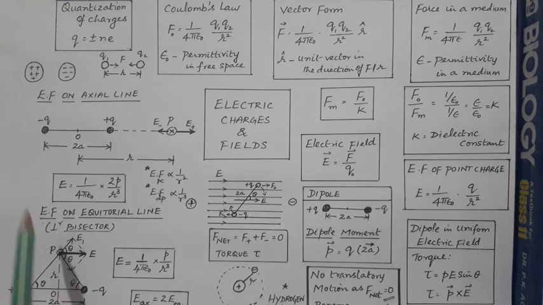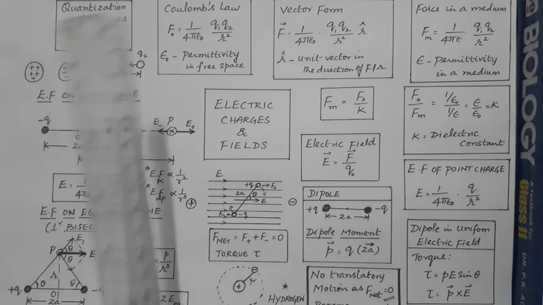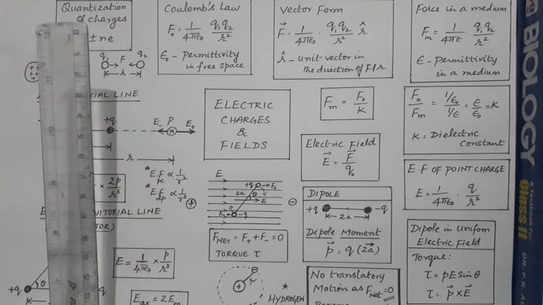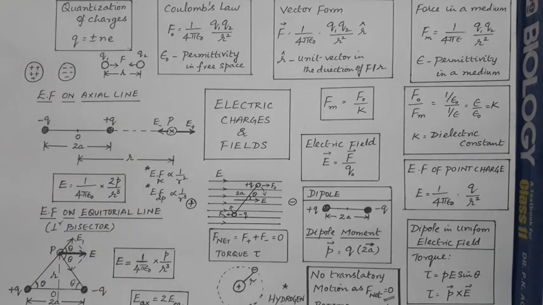Now the electric field on an equatorial line. The equatorial line is nothing but a perpendicular bisector. How these two charges act on that point you have to study. A dipole is two equal and opposite charges separated by a small distance, which we have taken as 2a. The middle point of the dipole axis is O, and the point P is on the equatorial line.